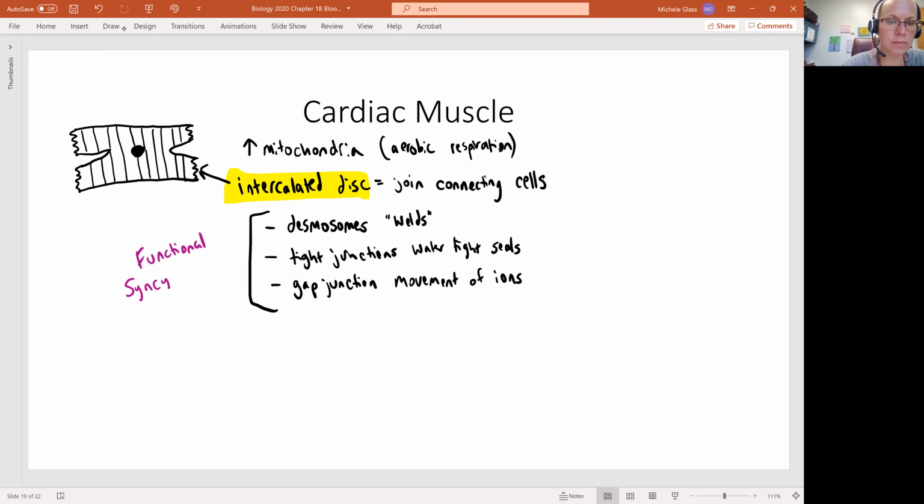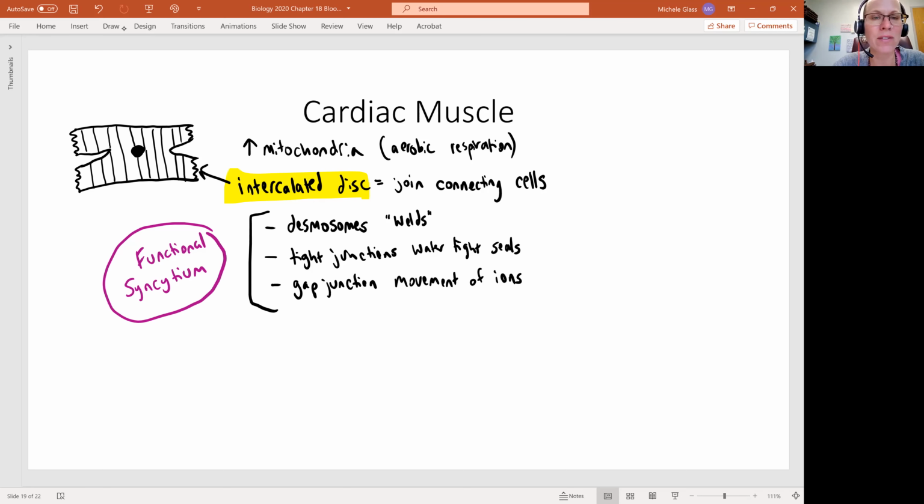What this is saying is that rather than cells functioning independently of each other, in cardiac muscle tissue the cells are collectively working as one. All of the cells of the top half of the heart, the left and right atria, function like one massive cell. Essentially, they can go 1, 2, 3, go, and the signaling contracts together, and the connections pull on each other, so they're functioning like one.